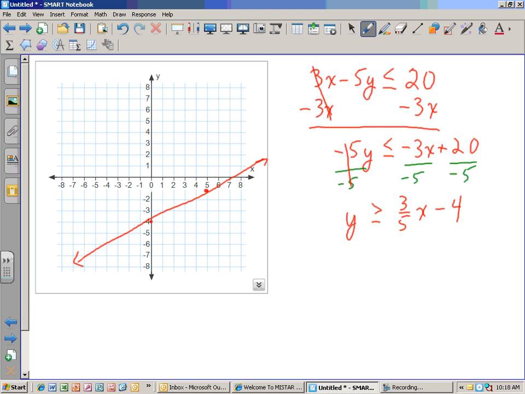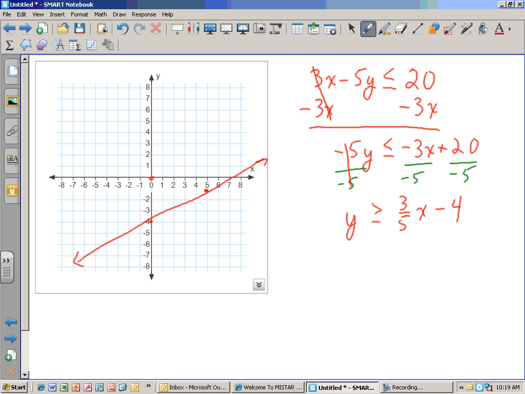Now let's do the shortcut that I was talking with Zach about. Zach, do you think I'm going to shade above the line or below the line? Above the line because it's greater than. And that's true. If you are not sure, you could plug in the origin, plug in a point, and see if it works.